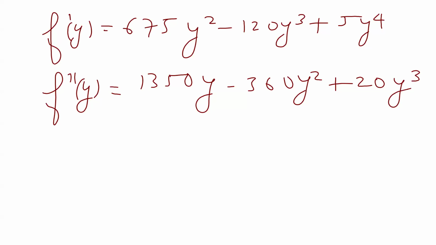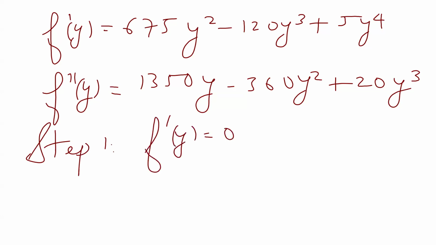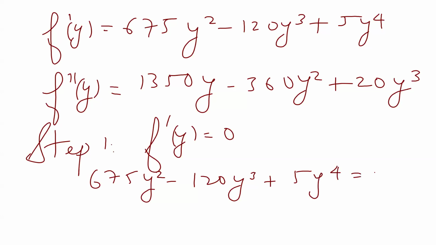After this, what you are supposed to do? Correct. Step number 1, f dash y equal to 0. So 675 y square minus 120 y cube plus 5y raised to 4 is equal to 0.